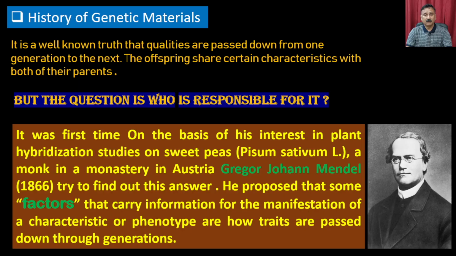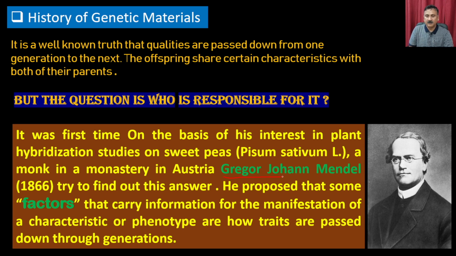So let's see what the history of identifying the genetic material is, and then we will discuss the different types of classical experiments, how people figured out whether DNA is the genetic material, or protein, or RNA. The first experiment was done by the Austrian scientist, or I will say the priest, Gregor John Mendel.